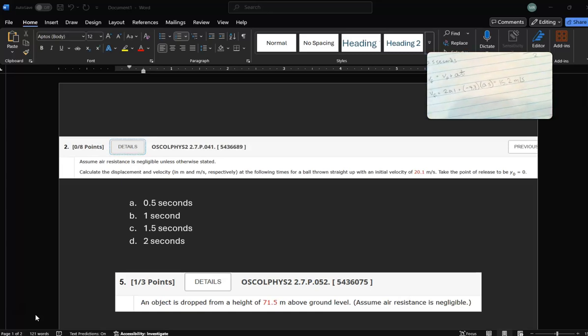Once I know the final velocity and the initial velocity, I can find my average velocity. For the 0.5 seconds, the average velocity is going to be 15.2 plus 20.1, divided by 2.